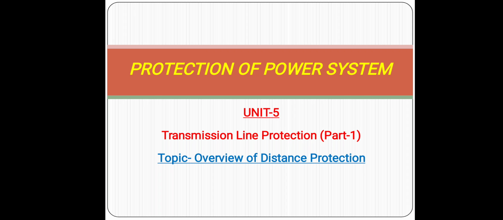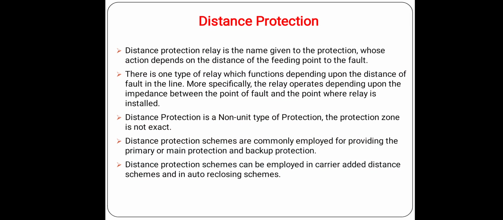Under this we will first study what distance protection is. Distance protection is the name given to the protection whose action depends upon the distance from the feeding point to the fault point.